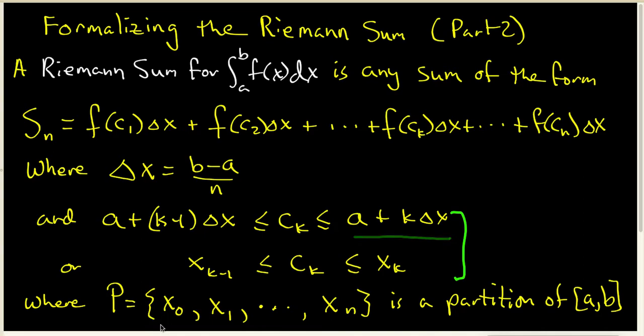And this is all where we're thinking about x0, x1, dot, dot, dot, down to xn as a partition of the interval between a and b. And in fact, what we're thinking about here is an equal width partition, and this x0 is equal to a, and this xn is equal to b.